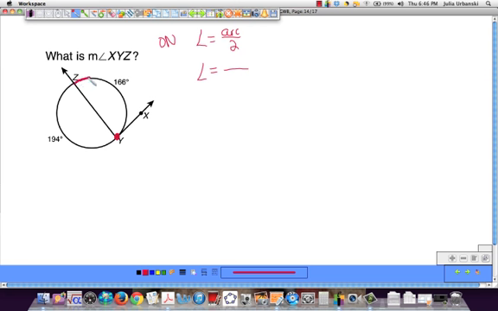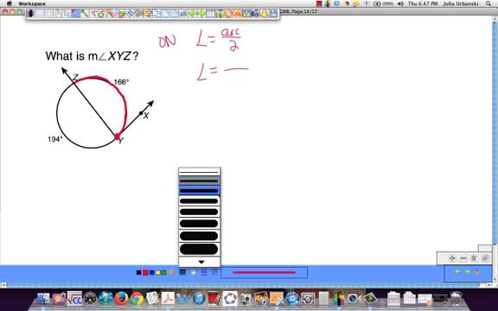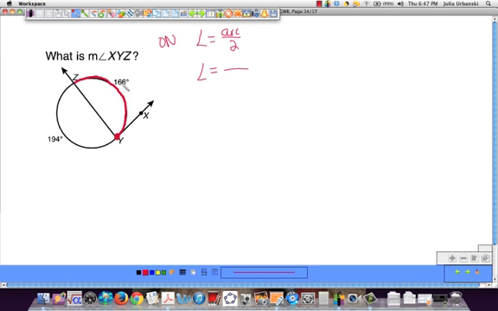So the arc actually goes here. Okay, so you take the arc here that's inside the angle and it's 166. That's what you cut in half, that piece right there. So it's 166 divided by 2. The angle equals 83 degrees.